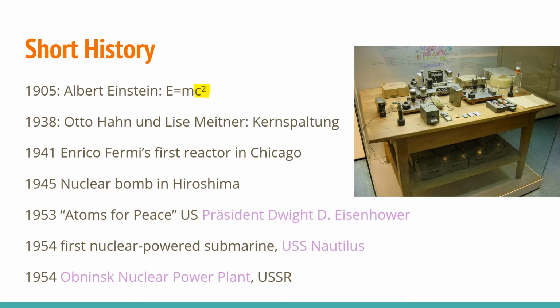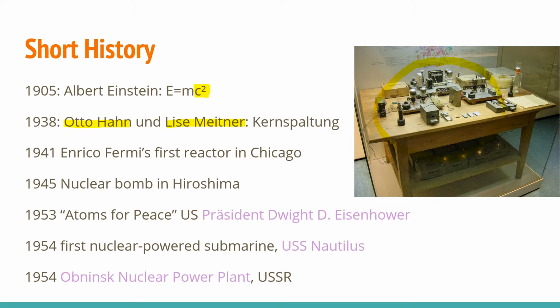Knowing this equation does not mean that you can build something that uses it. So it needs some more sophisticated ideas, and Otto Hahn and Lise Meitner. Otto Hahn was the professor and Lise Meitner was his assistant, but Lise Meitner really did a good work. They detected on this table, a table that really existed, and you can look at it in Munich at the Deutsches Museum.